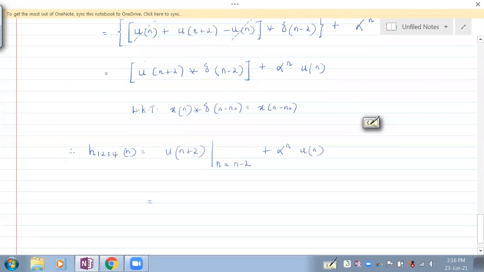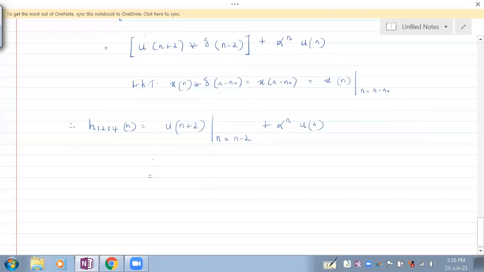So here, in this x of n, n would be replaced by n minus 2. That is what is happening.